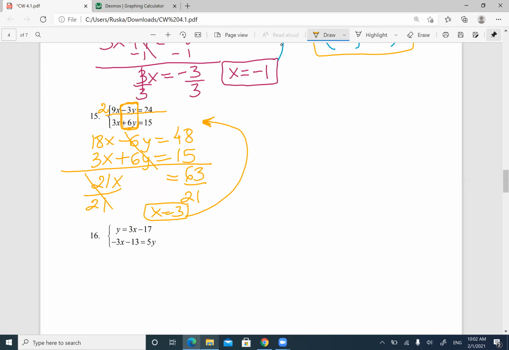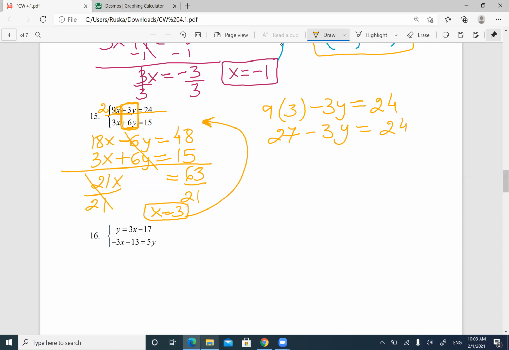The top one, okay. So we're going to replace, now make sure you plug it in in the place of x. So we're going to have 9 times x, which is 3, minus 3y equals 24. Now 3 times 9 is 27 minus 3y equals 24.